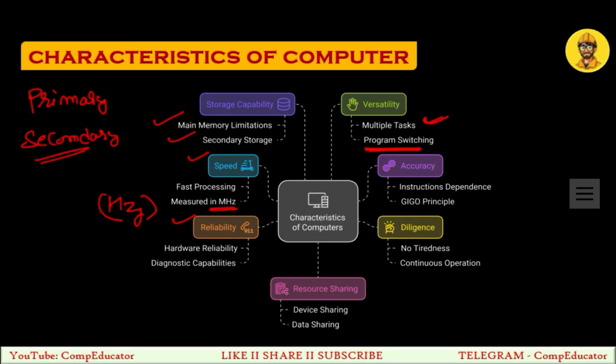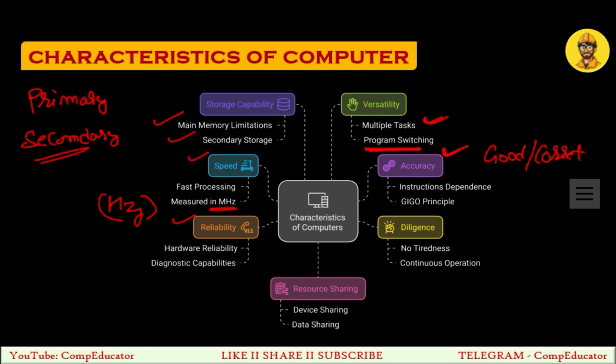Then next, an important characteristic of the computer is accuracy. Accuracy is totally dependent upon the instructions. If the instruction is correct, then the output is also correct.